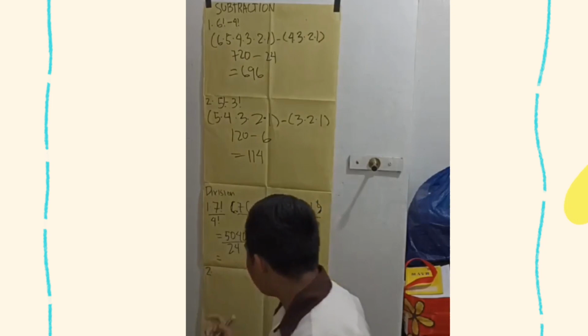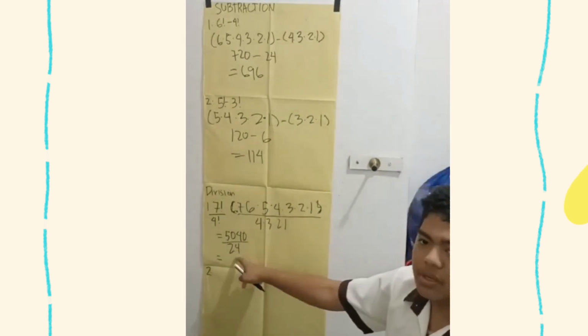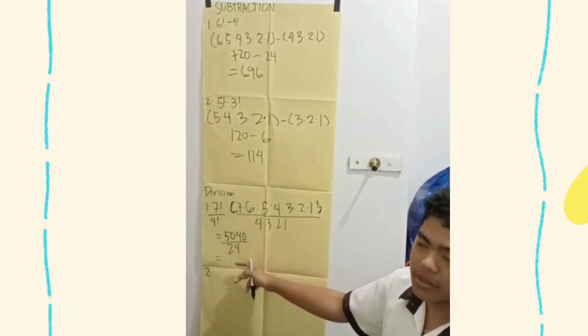So, 5,040 divided by 24 is equal to 210.